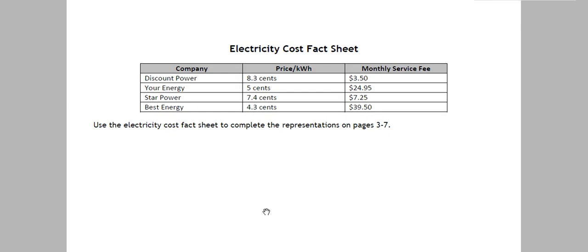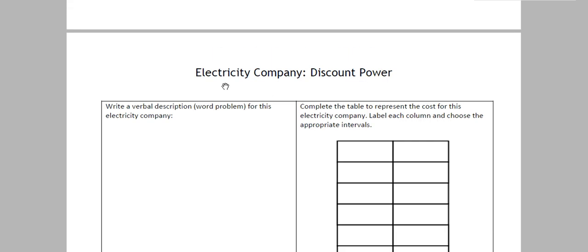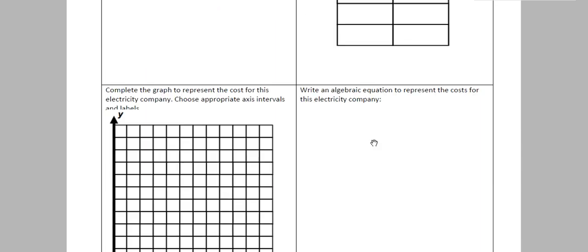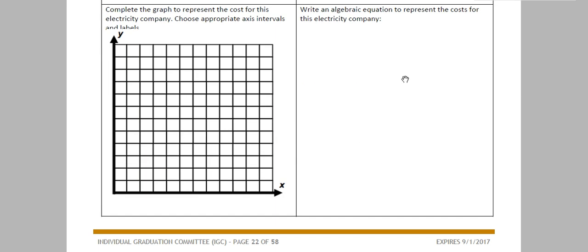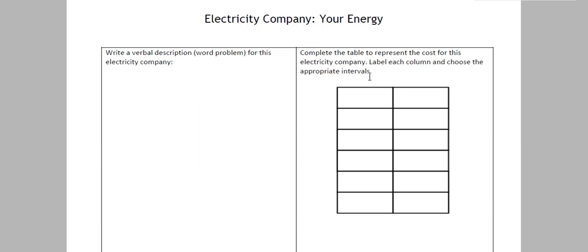So again, you've got your fact sheet with the 4 companies and what they charge. Then you'll have 4 of these, one for each company. Here's the discount power company. You'll do the verbal description, the table, the graph, and the equation. Show your work for calculating that slope.